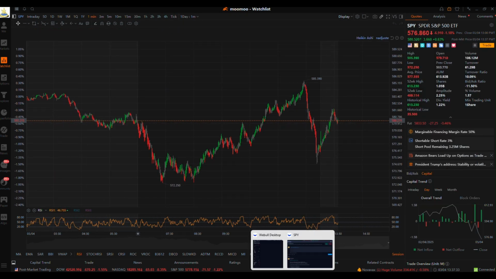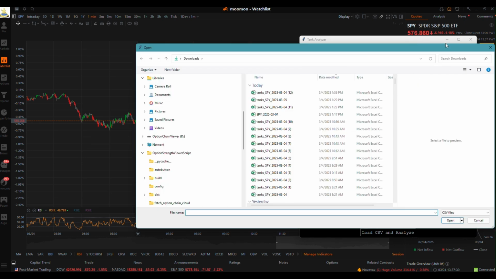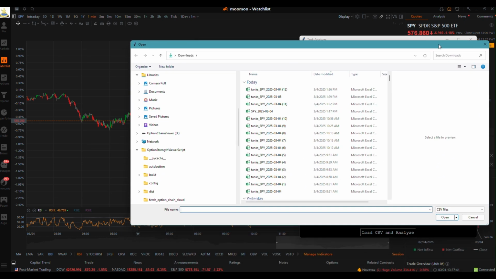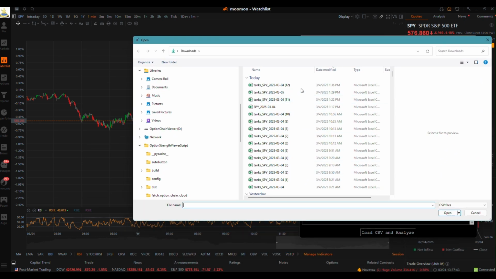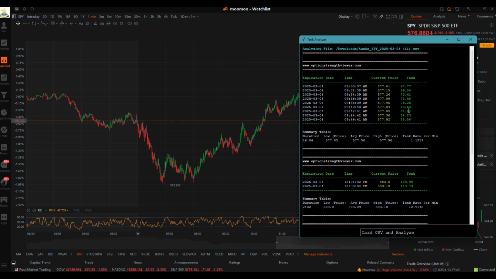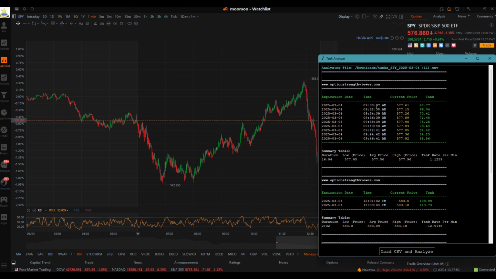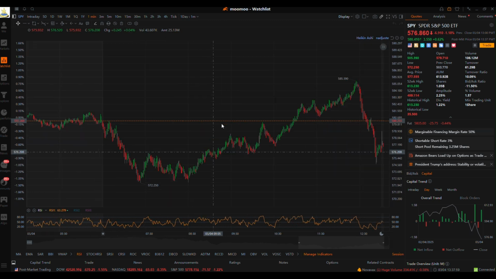Actually, let's look at another data. I think I didn't download the right one. Let's do the same one, but previously. There you go. Now we have more data. So we have from 9:30 to 9:46. Let's mark that on the chart.